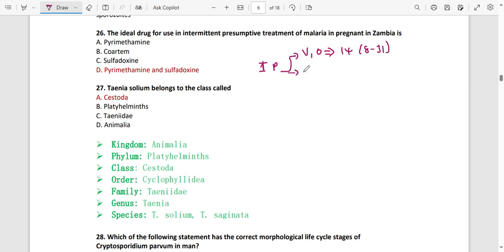Then you have the worst one, falciparum. Falciparum incubation period is 12 days, like from 8 to 14. It has the shortest incubation period. The longest incubation period is for malariae. That's 28 days, and it can range from 8 days up to 40 days.